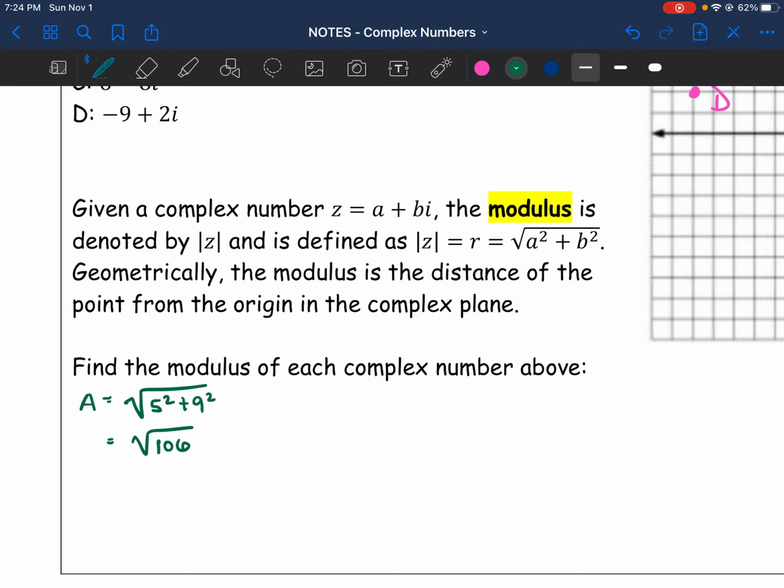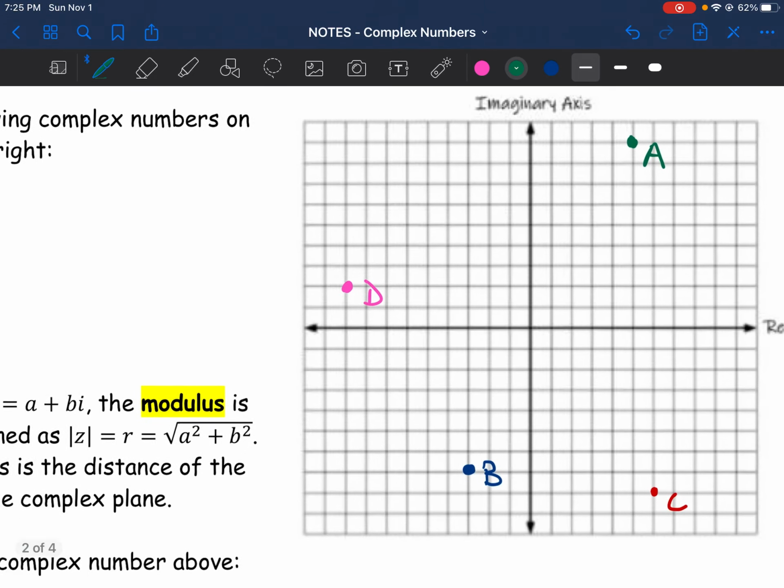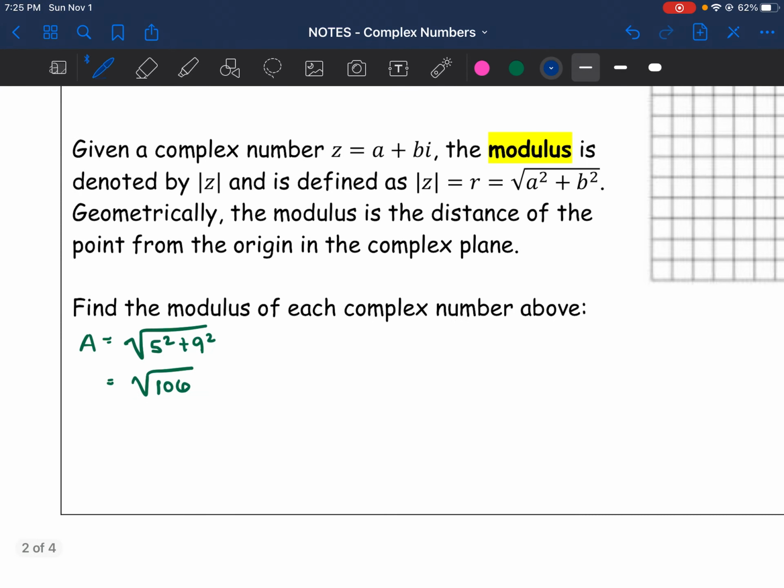There's going to be no combination of perfect squares, so square root of 106 is going to be already simplified. Let's see, B, we made blue. And really I should be a little more careful over here with what I did with A. Let me go ahead and say this is A. And we're saying R equals. Okay, just want to be a little careful with my notation.